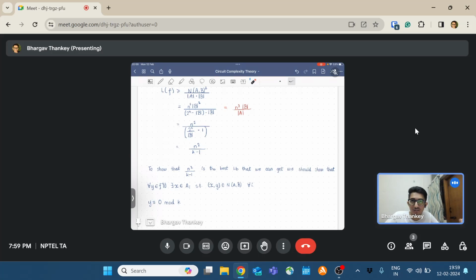So everyone is going to be doing that. But again, the problem remains, because I am specifically picking a set B which has exactly 3 bits. My specific construction may get me a good lower bound, may or may not. It may be better than n square over k minus 1. It may not be.